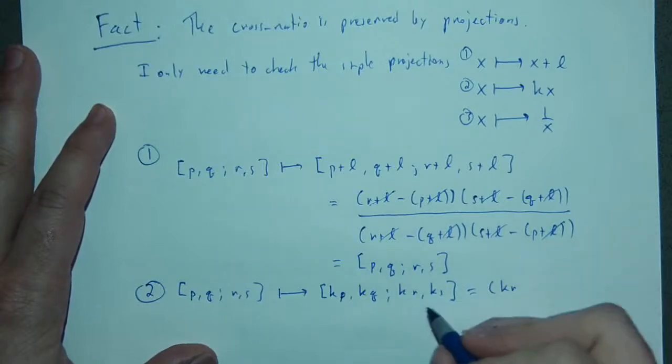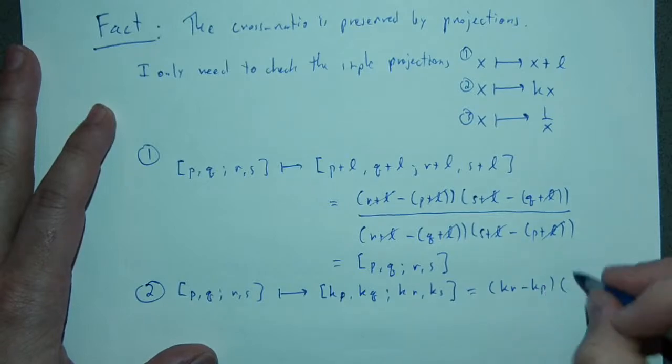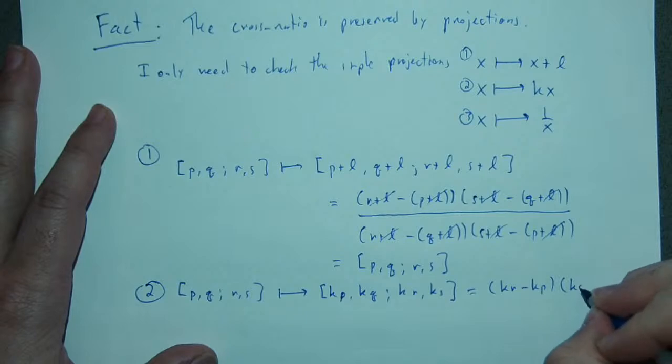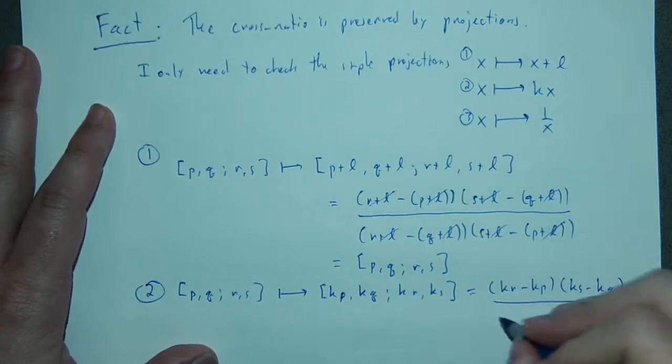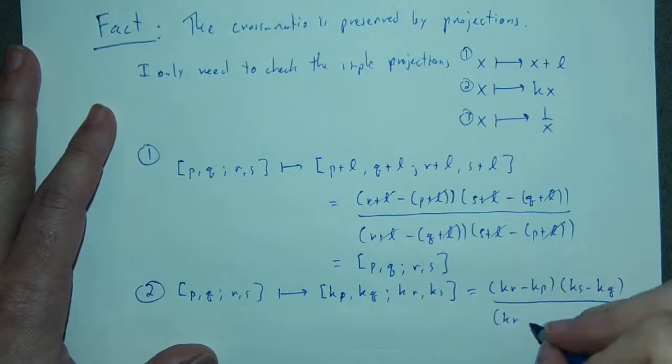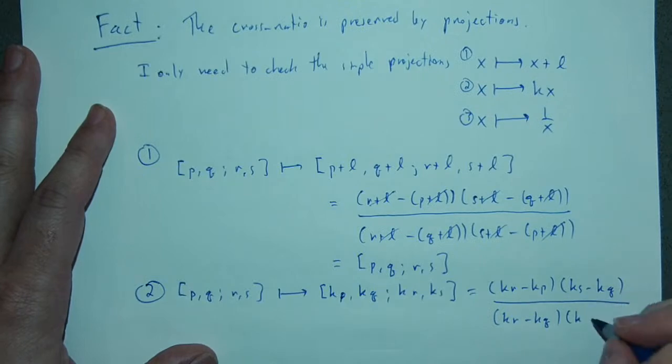This would be KR minus KP times KS minus KQ, over KR minus KQ times KS minus KP.